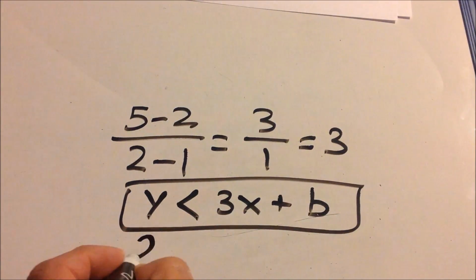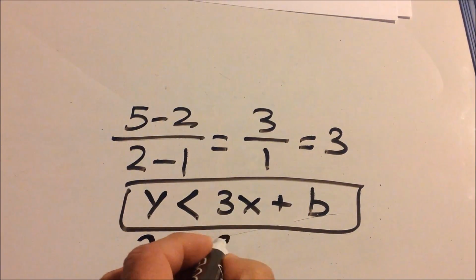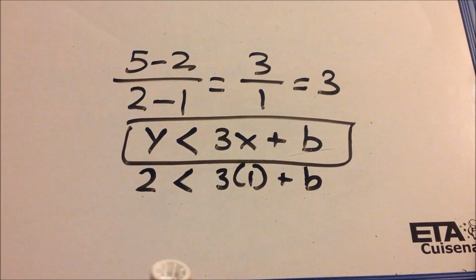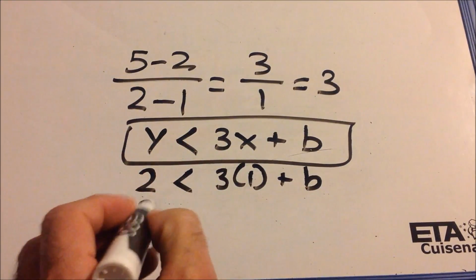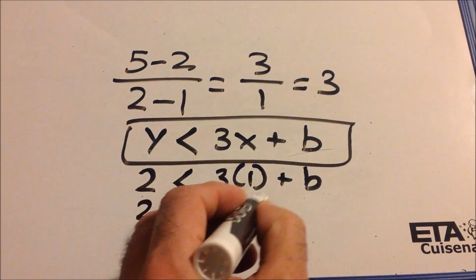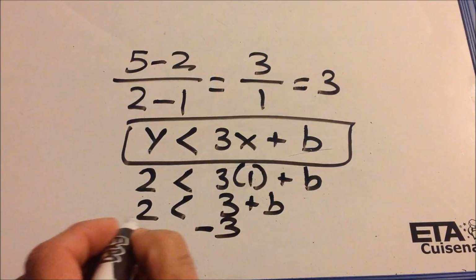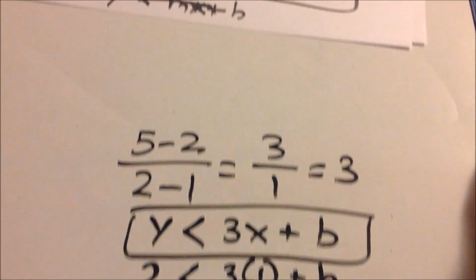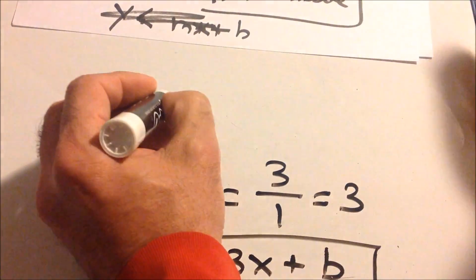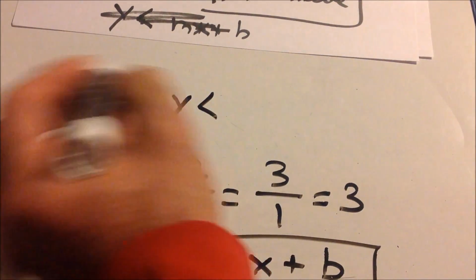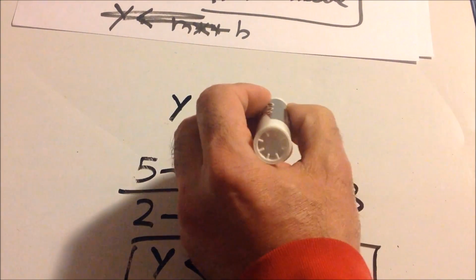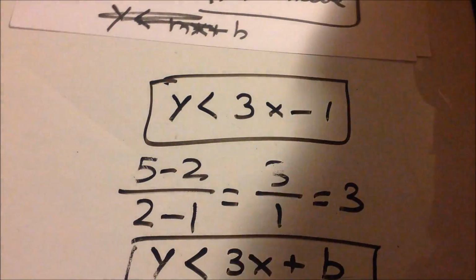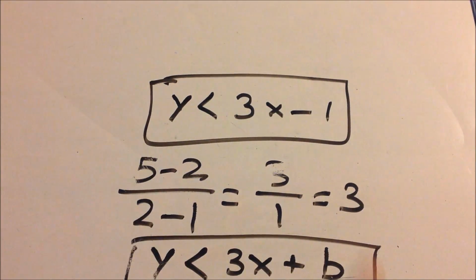So if y is 2, 2 has to be less than 3 times 1 plus b. So that's 3. So 2 has to be less than 3 plus b. Subtract the 3 on both sides, and you get negative 1. So our answer to this equation would be y is less than 3x minus 1. That's the equation, the linear inequality.